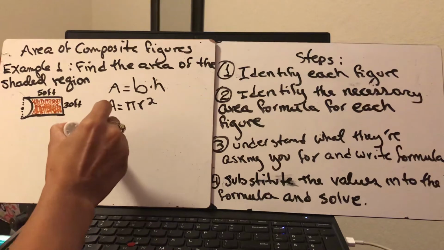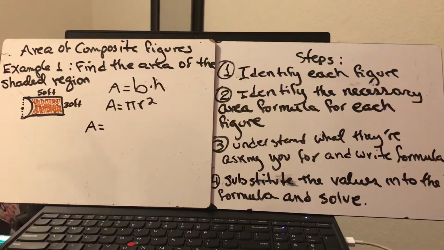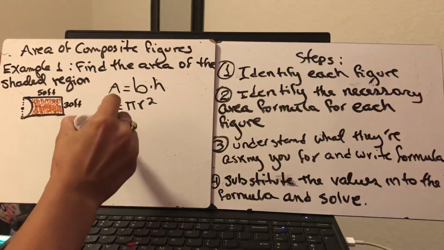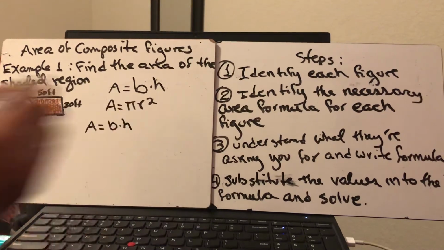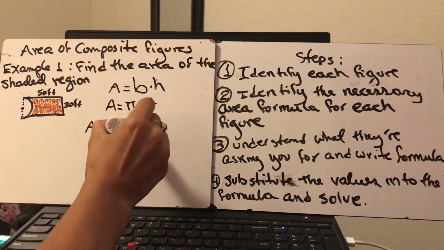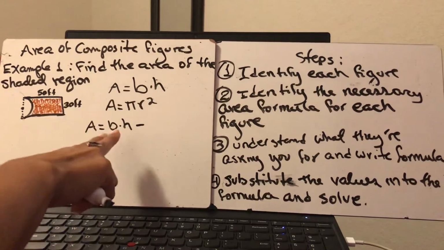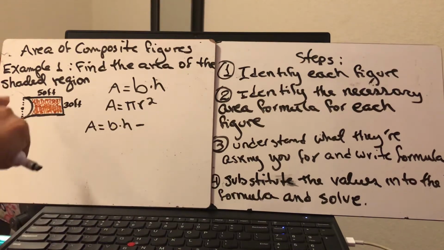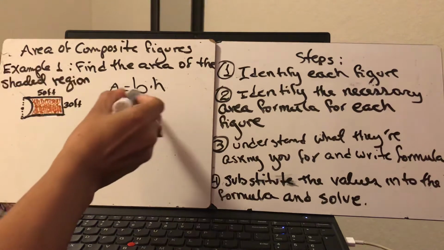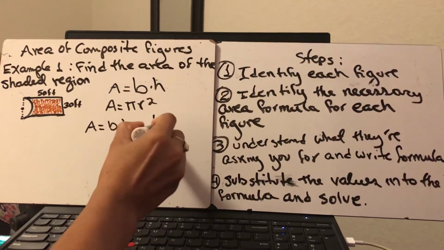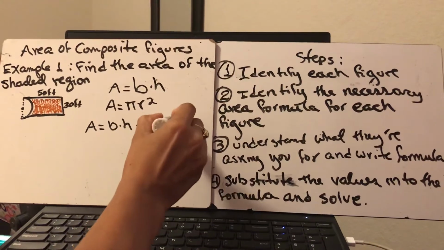It's gonna be area equals the entire rectangle, which is base times height, minus, because I have to subtract, it's not the entire rectangle, minus the area of what seems to be half a circle. So I can just put half area of a circle, which is pi r squared.